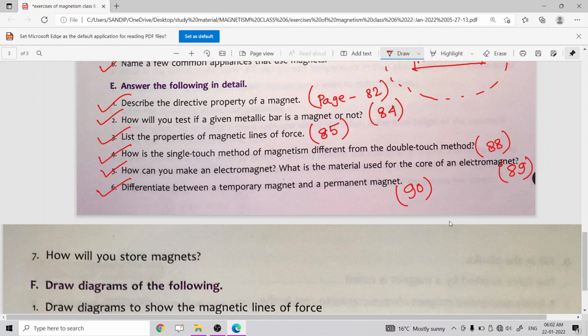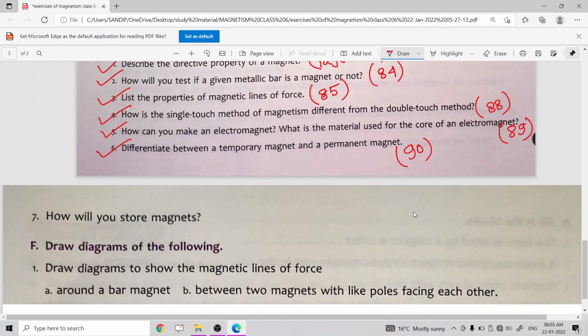The strength of a permanent magnet cannot be changed, but the strength of a temporary magnet can be changed with the help of current and the number of turns in the insulated wire or coil. Also, a permanent magnet does not need an electric current to act as a magnet, but for a temporary magnet we have to use an electric current.